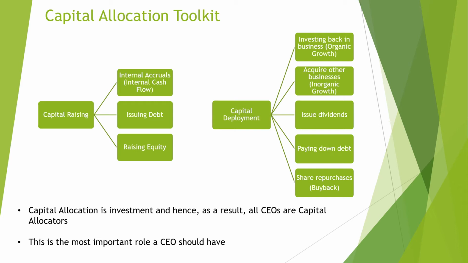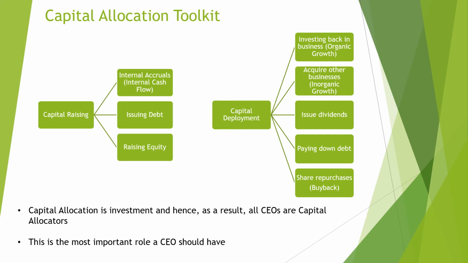The second method is issuing debt, by taking a loan from the bank or by issuing corporate bonds and so on. The third is that we can just issue equity and raise the capital. These are the three methods by which a business can raise capital for funding assets.